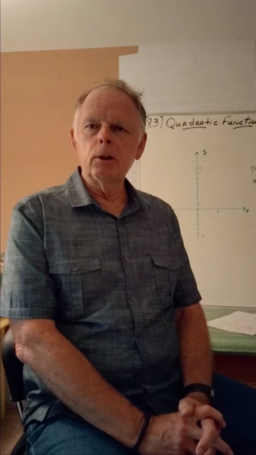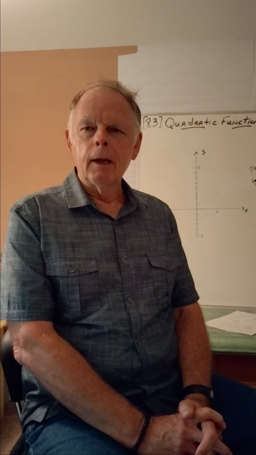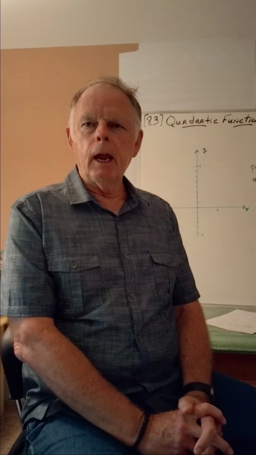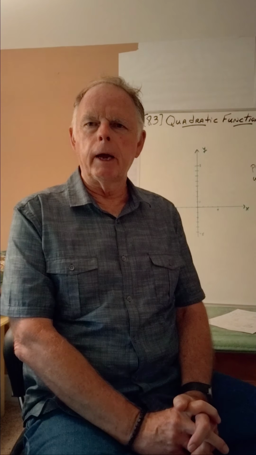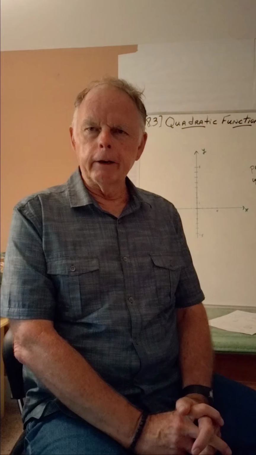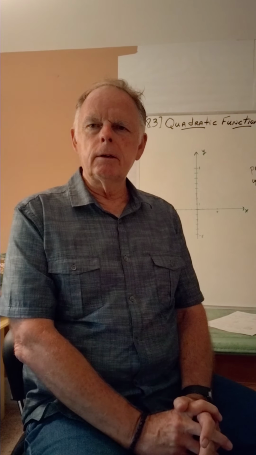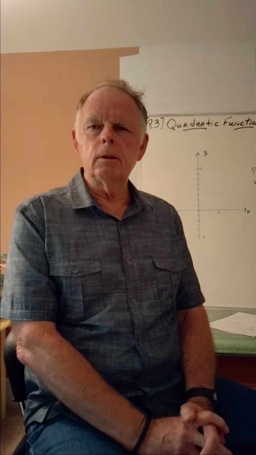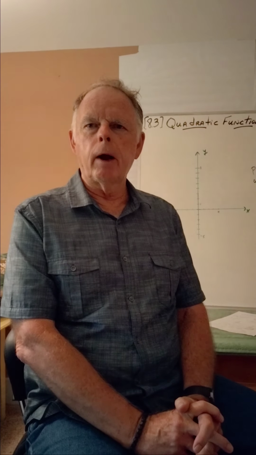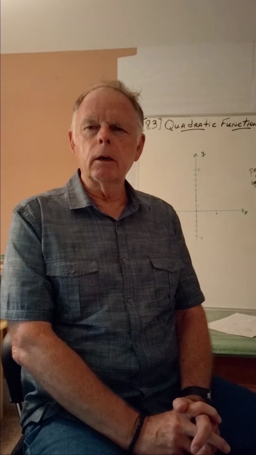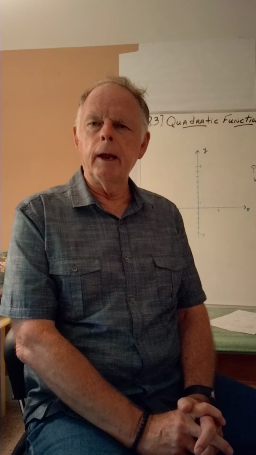The second method was completing the square. And then most recently in 8.2, we talked about solving a quadratic equation by using the quadratic formula. And we looked at a couple of other minor objectives in 8.2. I won't summarize those right now because they're not critical to what we're going to be dealing with now.